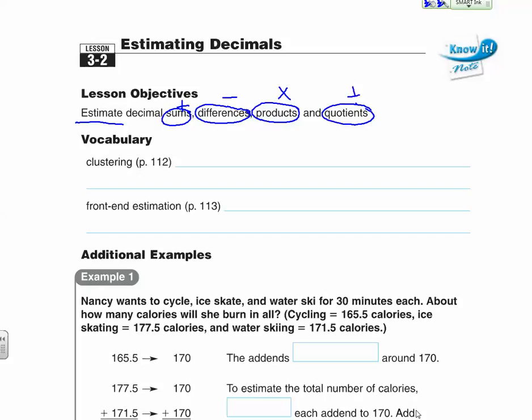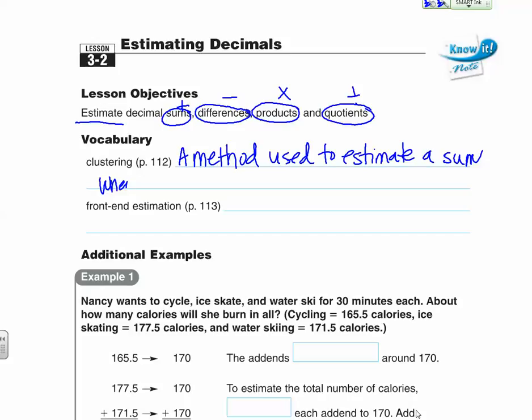But clustering is a method used to estimate a sum when all addends are close to the same value. Okay, go ahead and pause me and finish that. A method used to estimate a sum when all addends are close to the same value.